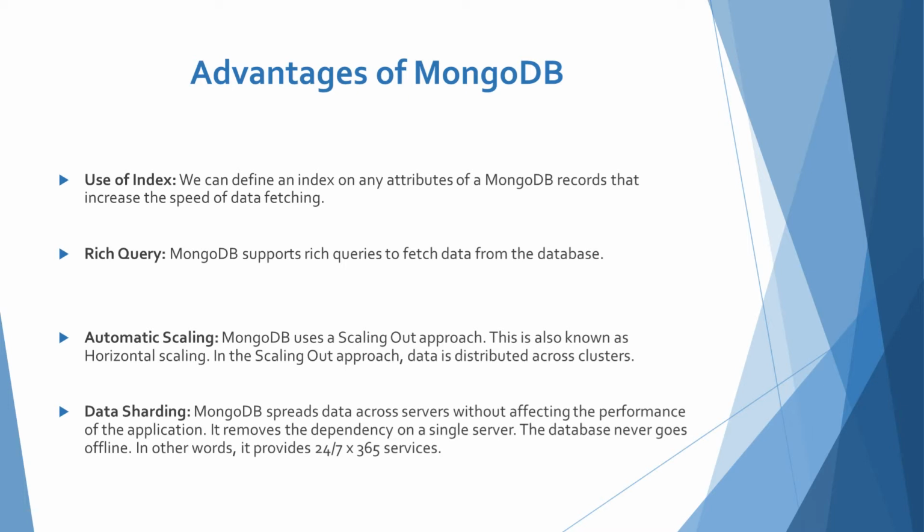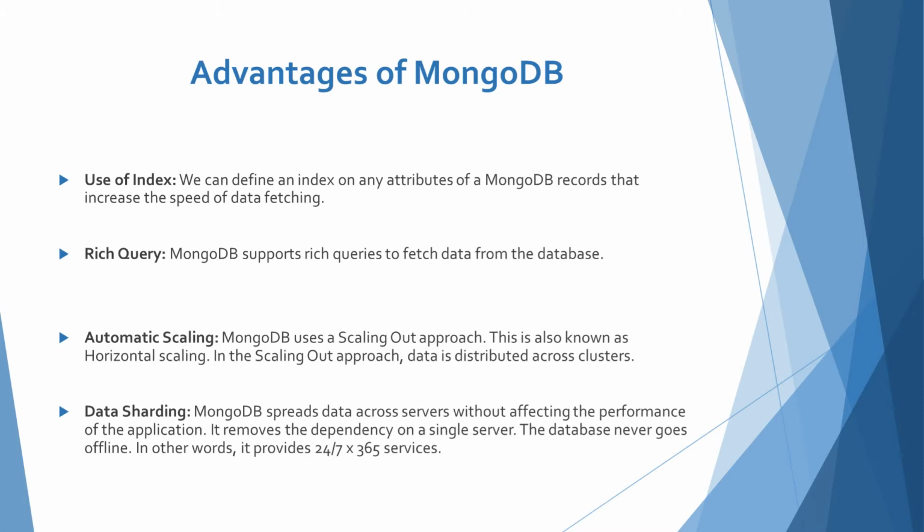In the same manner, in MongoDB also we create indexes on a particular field of a particular collection. If we fetch the data based on the indexed field, then we get high performance and application performance also increases.